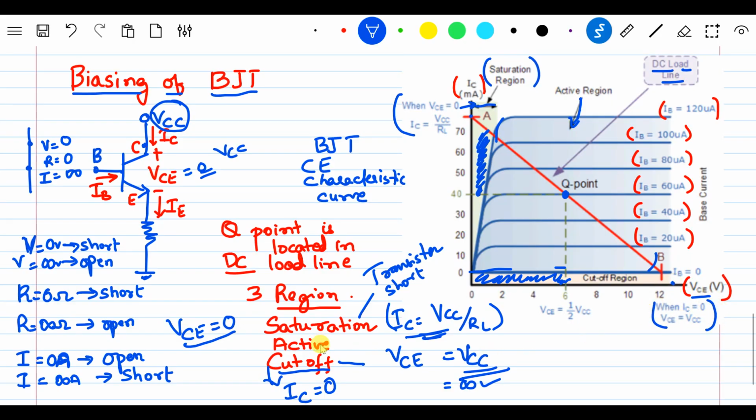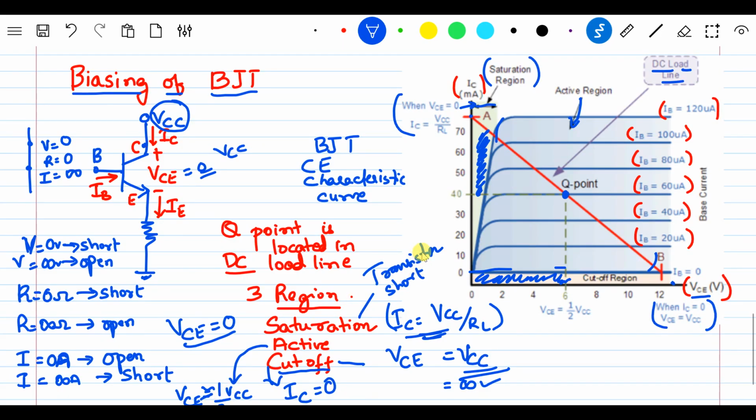At the Q point, which is considered to be the active region, we normally consider that the VCE, the collector-to-emitter voltage, will be approximately equal to half of VCC.